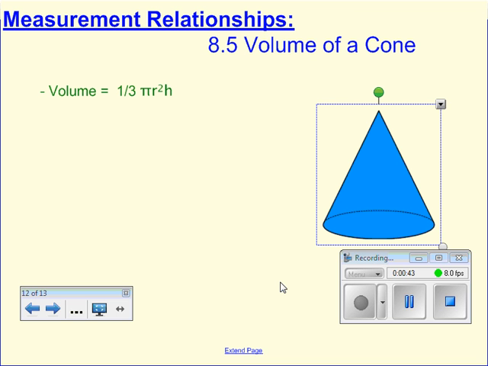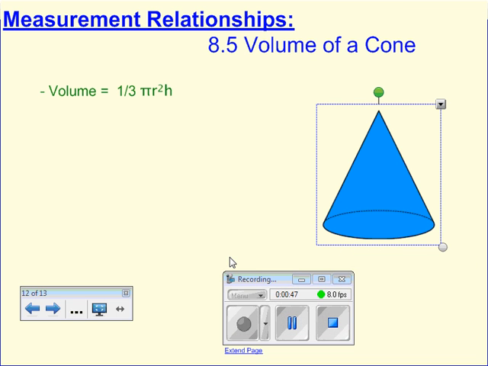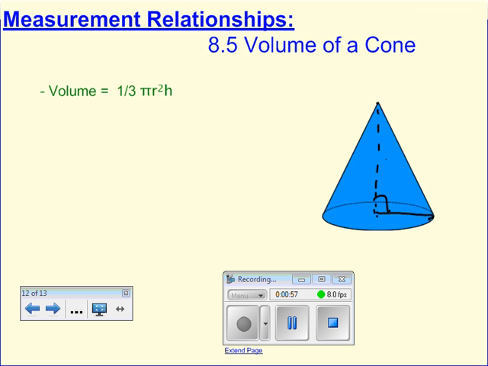So if I take a look at the cone that I have, the radius is here from the center over here, and the height is here. Now, we also learned that we have another length for these cone objects.